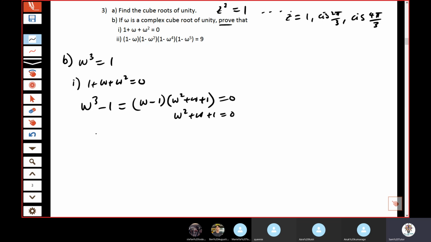I think a more powerful one is this one, and that's something you know the topic of. You said GPs and APs. So this is going up by a common ratio. What's it going up by? You should know that. W. If it's going up by W, the formula for a sum of terms for a geometric series is a(r^n minus 1) over r minus 1. So a is 1. Always choose 1, don't choose W squared.